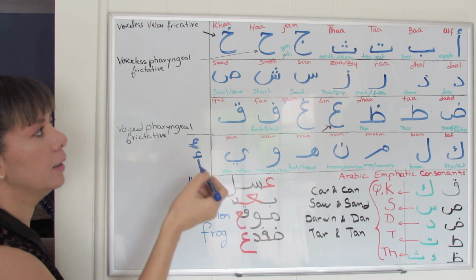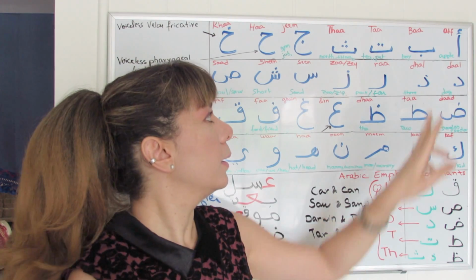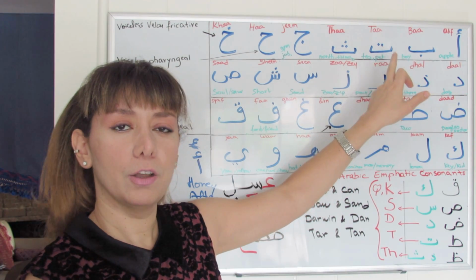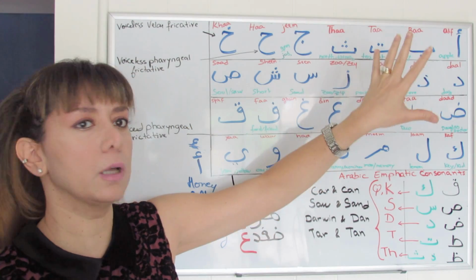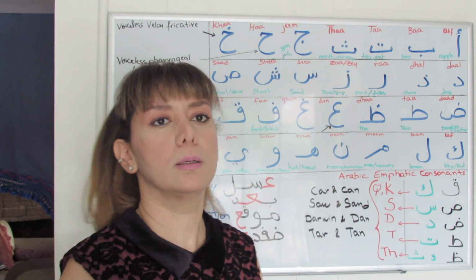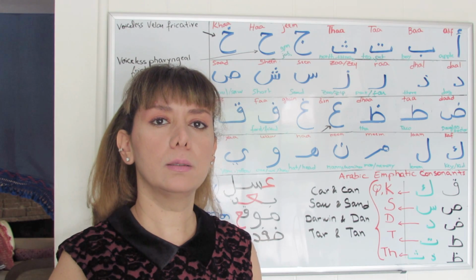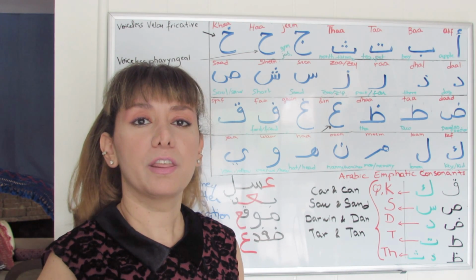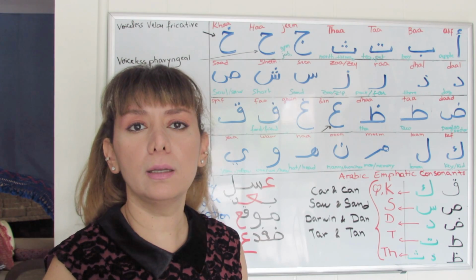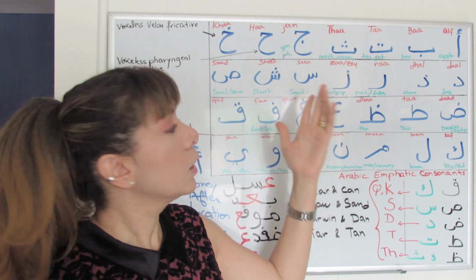Alif, A, as in boy. Ba, Ta, Tha, they all look similar with a different number of dots. Ba, boy, Ta, tent, toy, Tha, thing, north.